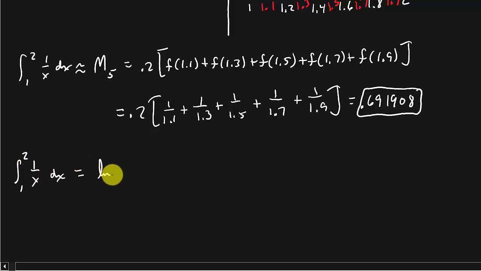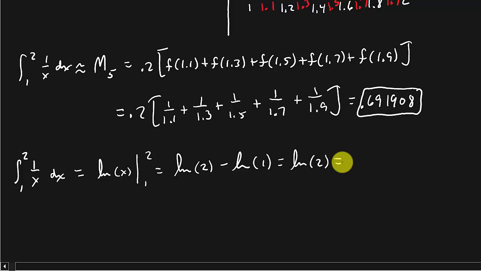That's going to be natural log x from 1 to 2, which is the natural log of 2 minus the natural log of 1, which is equal to the natural log of 2. And if you punch that into your calculator, you end up with 0.693147. That's the actual value, and yes, it's rounded.